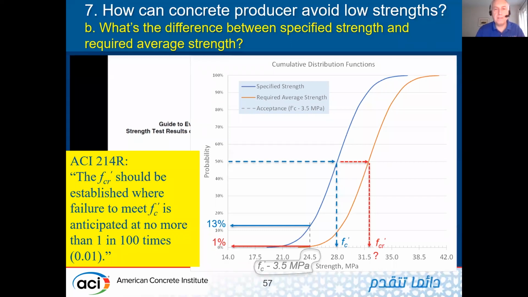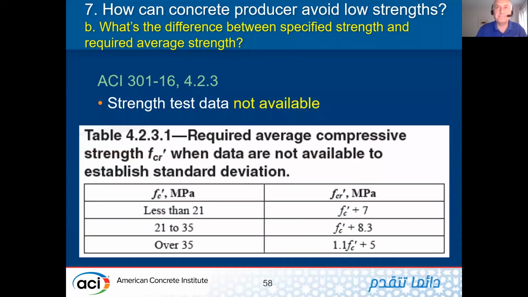And that depends whether you have some data from that concrete mixture that you are considering or you don't. If you don't have any data, then you use that table, and let's say you have a specified strength of concrete of 30, it means that your required average strength has to be 38.3.